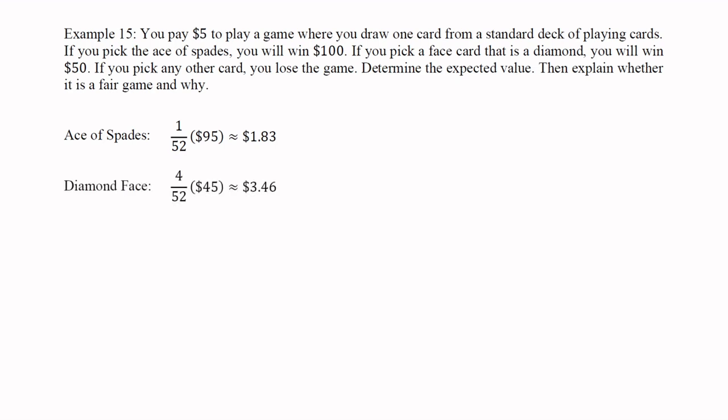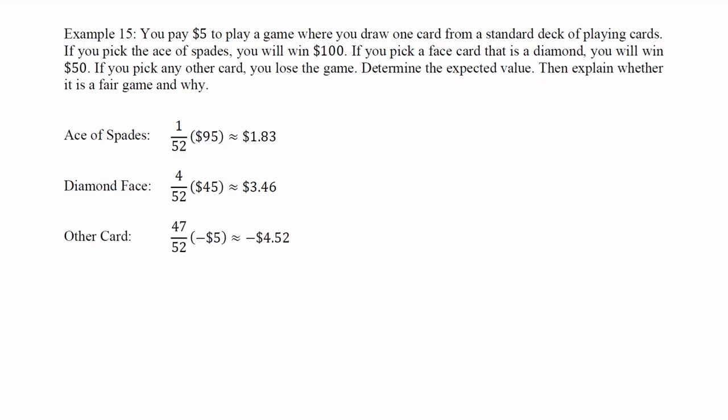To get a diamond face card, there are 4 face cards out of the deck that are diamonds, because we are including aces here. 4 out of 52 times $45 gained by winning the $50 prize is $3.46.